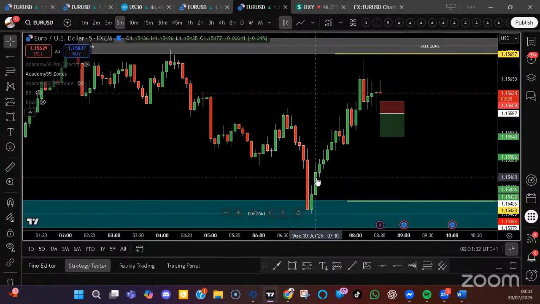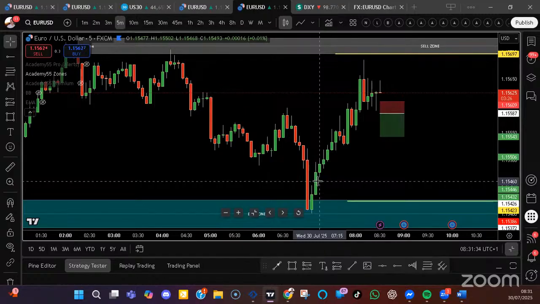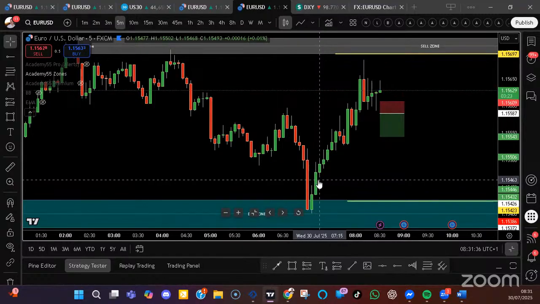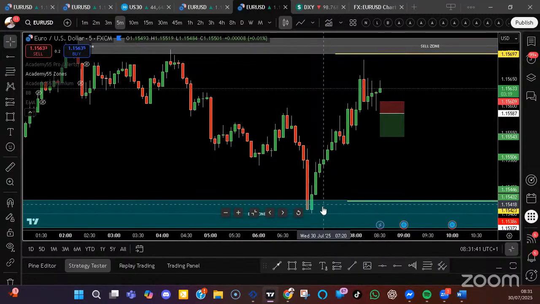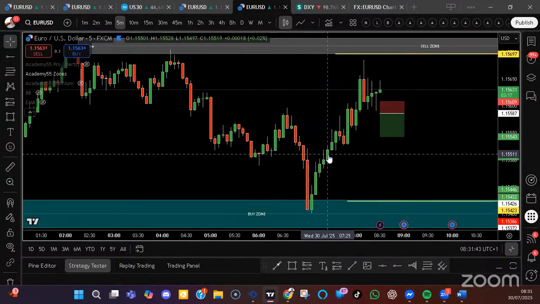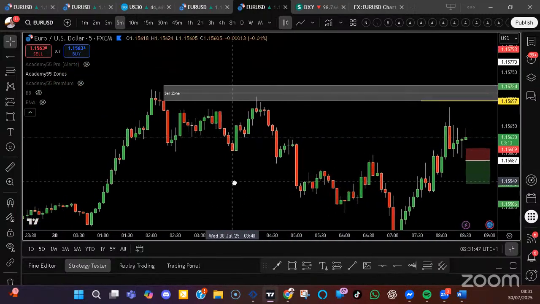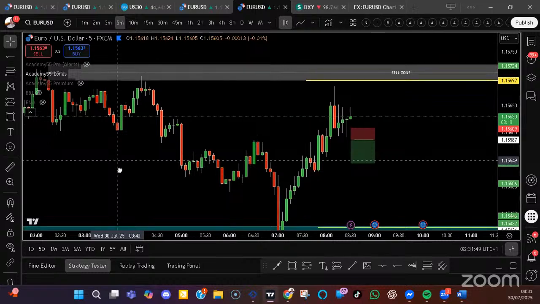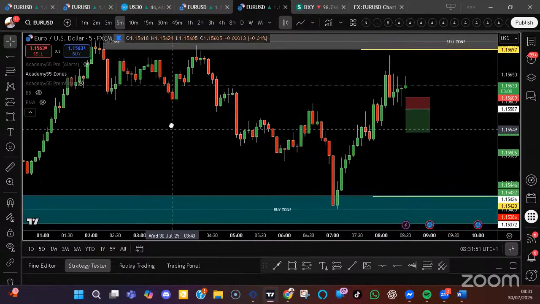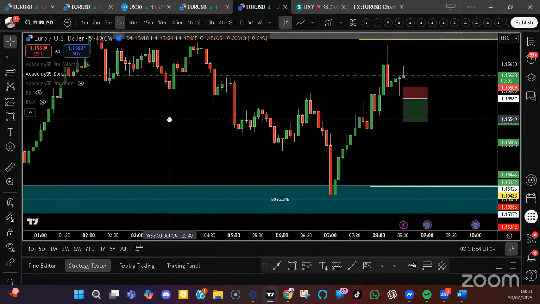Right, we've got him balanced down there, which is good. Also, we've got the buy zone there, so yeah, still looking good for a sell, but when are they going to do that? We don't know.